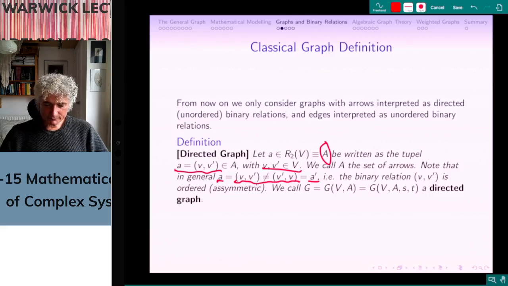If we assume that this is not necessarily equal, then the resulting graph will be called a directed graph.